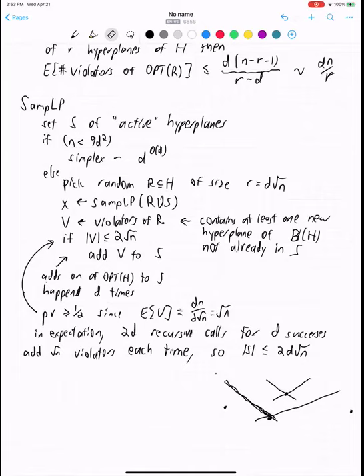And we also include the sample, so the sample size was d root n. That's R. And so together it's 3d root n in the recursive call.